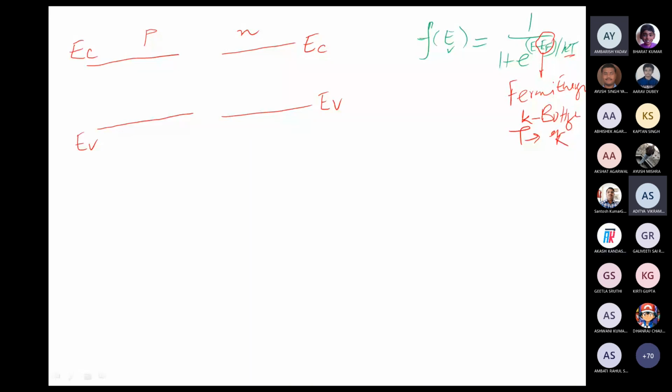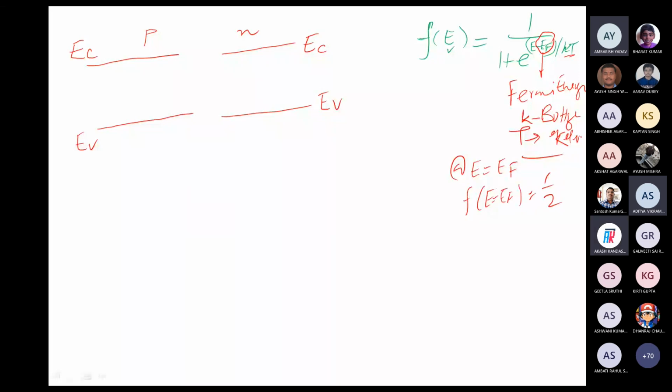Okay, so this Fermi function states that Fermi energy is that energy at which, if we put E equal to EF into this expression, we can see that this probability function becomes half.